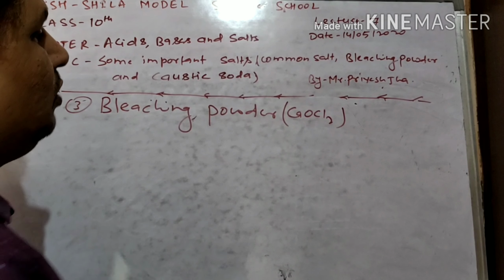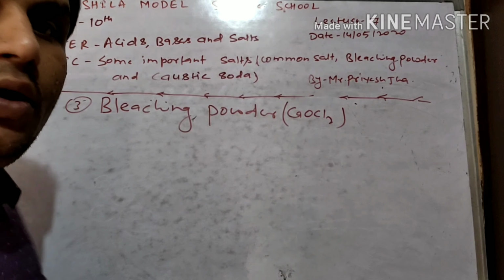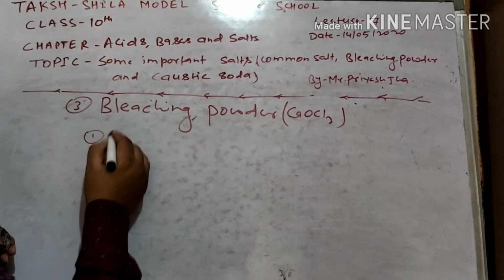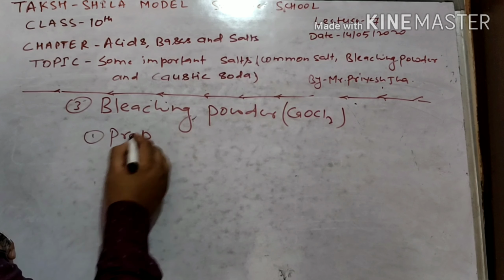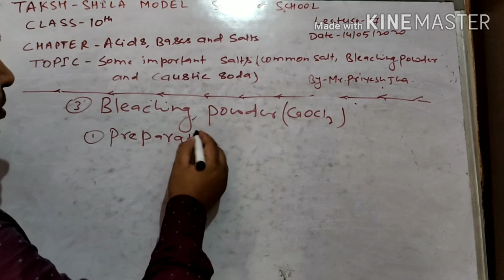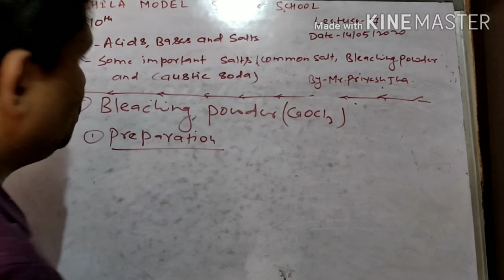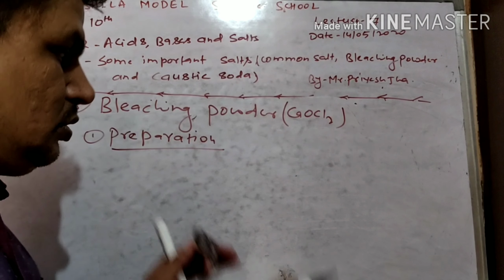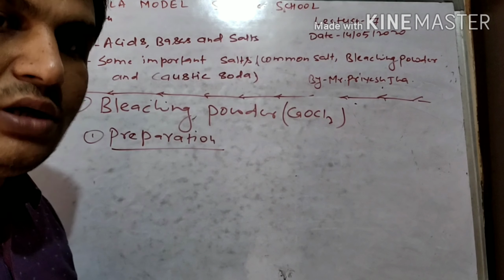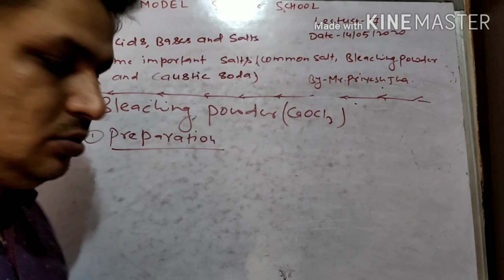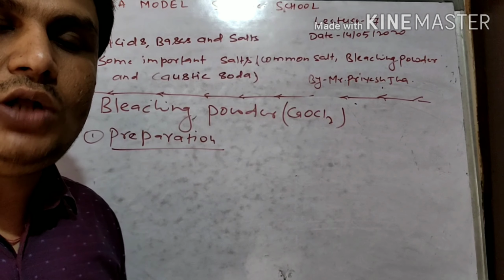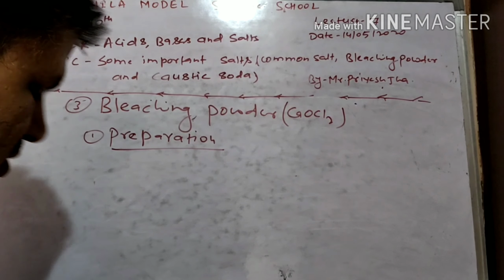So first of all we will discuss how bleaching powder is obtained or how it is prepared. So the first one is preparation. Bleaching powder is generally obtained when calcium hydroxide is treated with chlorine, or calcium hydroxide is also known as lime.